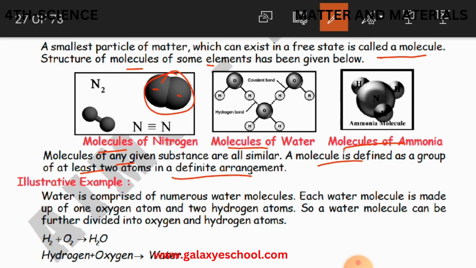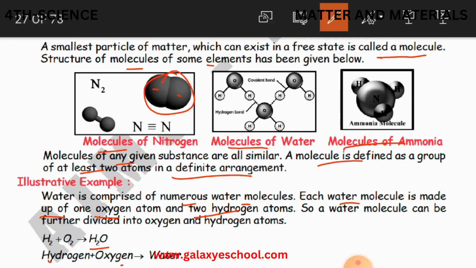Clear, children? See here, there is one example: H2O. That is the formula for water, hydrogen 2 and oxygen. Water is comprised of numerous water molecules. Each water molecule is made up of one oxygen atom and two hydrogen atoms.